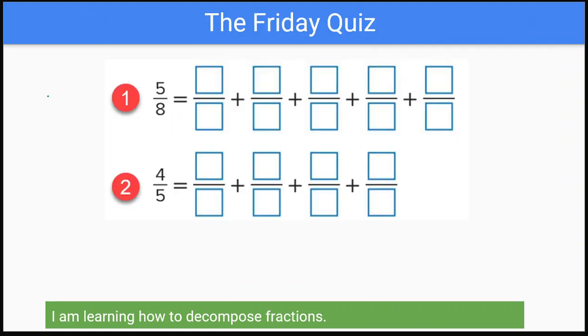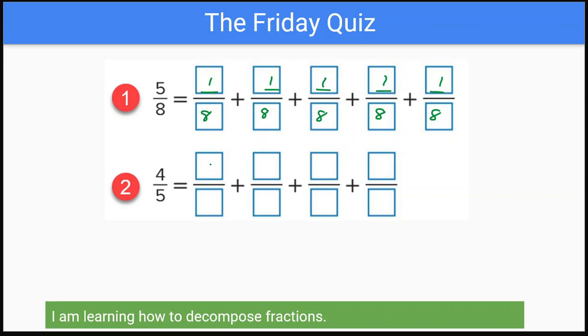Okay, on the Friday quiz, it looks like this right here. They have 5/8 and 4/5. And 5/8, well, that's the same thing as 1/8, right? Plus 1/8. There's only one answer here for this. Plus 1/8, plus 1/8, plus 1/8, right? We could do that 5 times. 1, 2, 3, 4, 5.